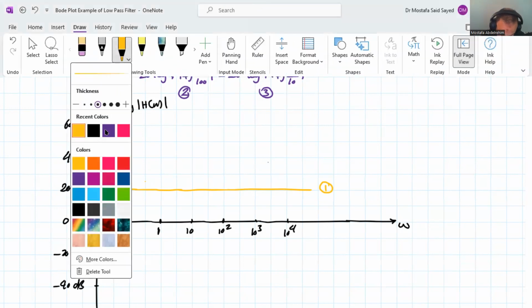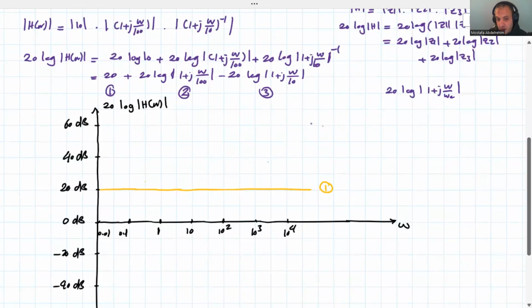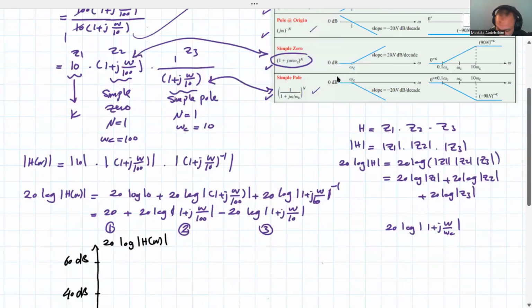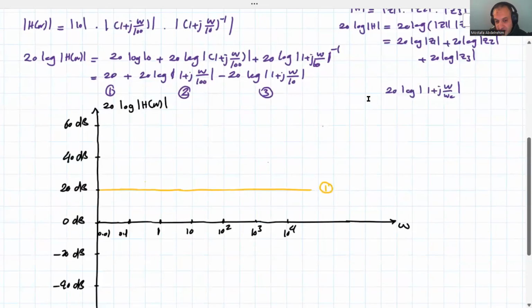For drawing number 2, let's analyze it. Let's take it to the side here: 20 log, just to review, the magnitude of 1 plus j omega over omega c. What we did, we divided the whole plot into 2 cases. Number 1, omega less than omega c.